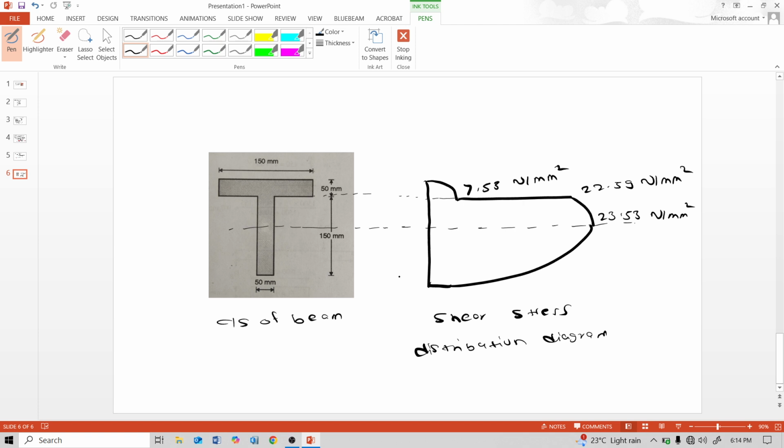So this is the shear stress distribution diagram for that T cross section of the beam. At the neutral axis the shear stress is 23.53, and at the junction 7.53 and 22.59 Newton per mm square. Thank you very much.